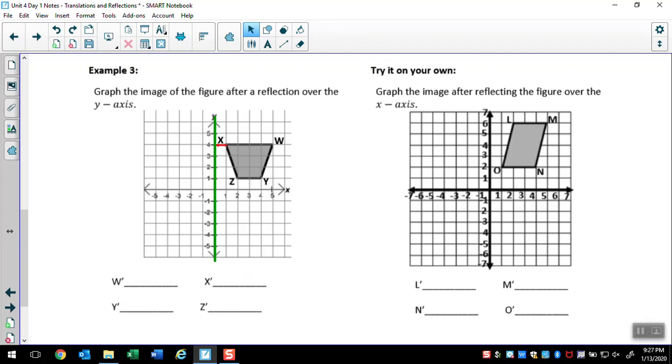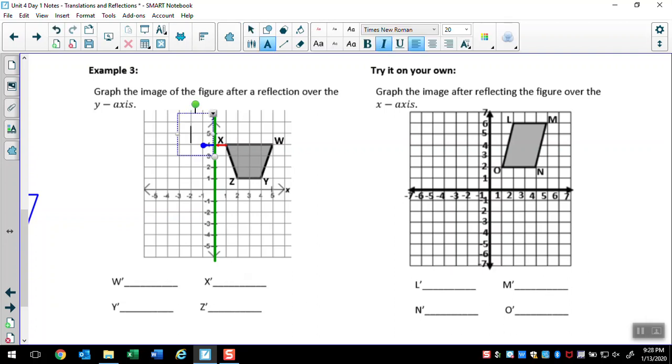So when I go to graph its image, let me get that out of the way for now. When I go to graph its image, that is also going to be 1 unit away. So there's that point there. And that point becomes my x prime. Okay.